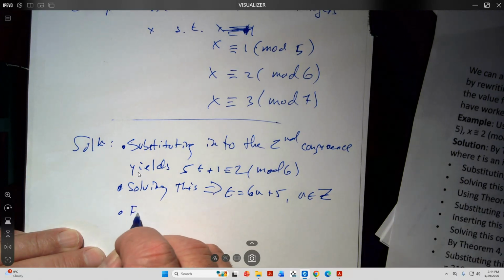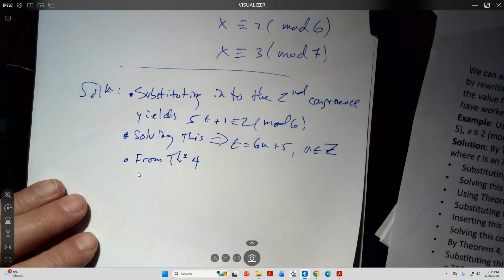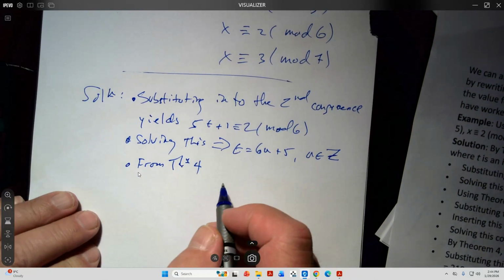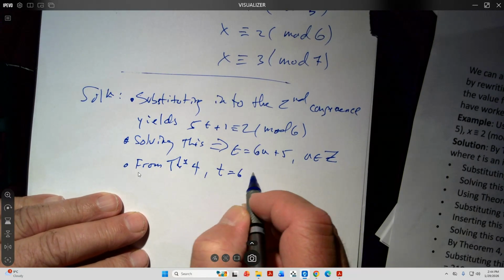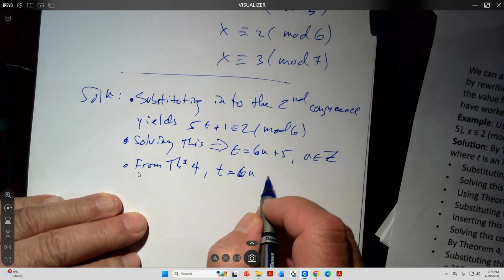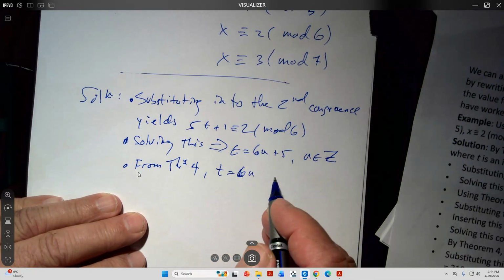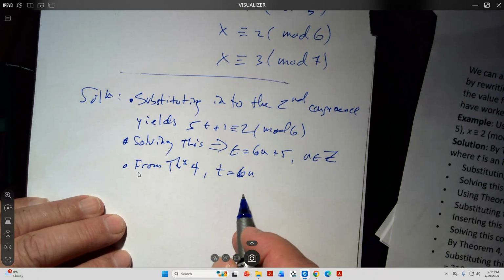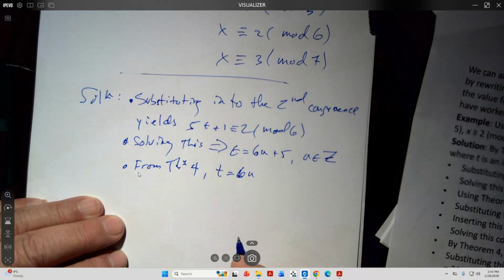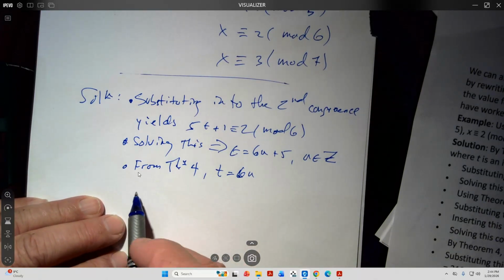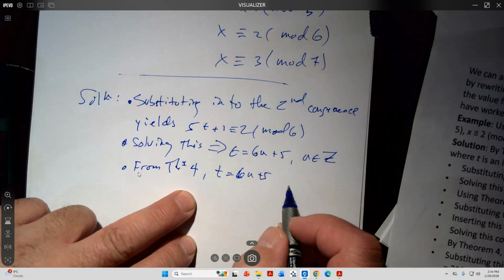From theorem 4, from chapter 1 again, t equals 6u plus 5, where u is an integer.